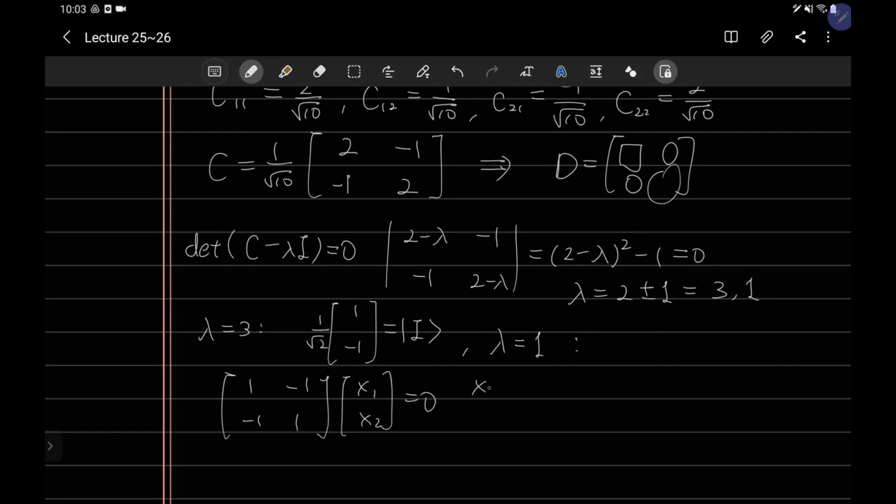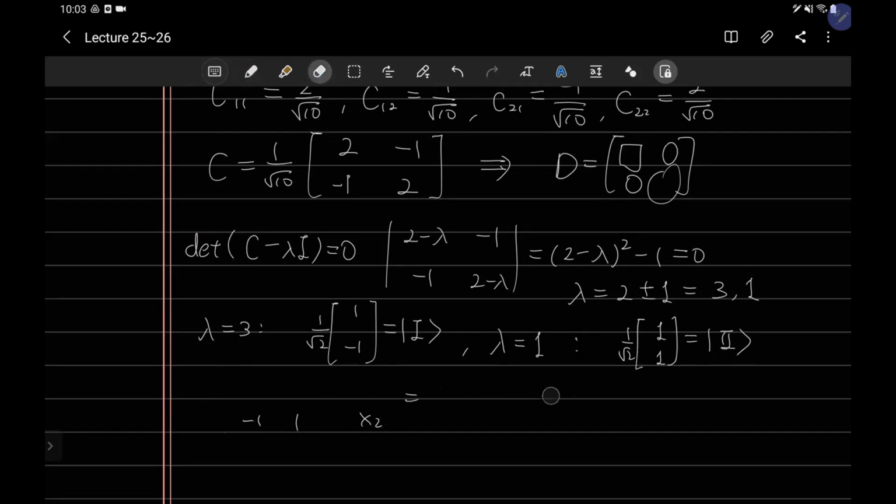In this case, it is x1 equals x2. So the second eigenvector is 1 1, and we should also normalize. I will define the second basis vector as this one.